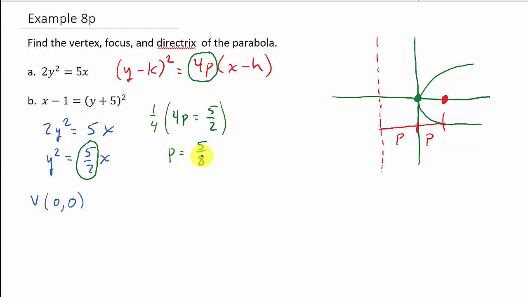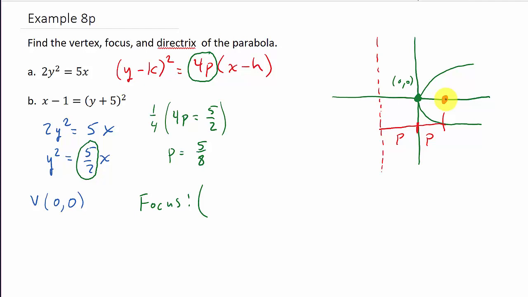All right, so I need the coordinates for the focus. If we look at this, this is the point 0, 0. To get from this point to the focus, how many units do I go on the x-axis?